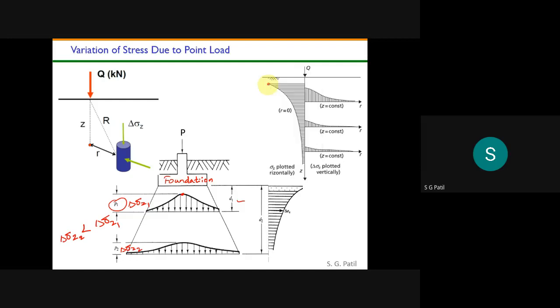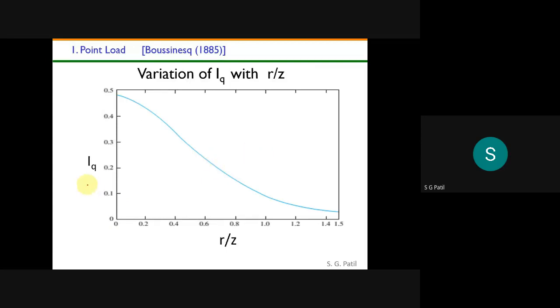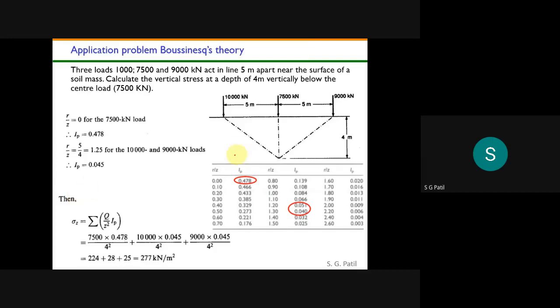So for the Boussinesq table, either they can give a table or even a graph. This is the graph: the x-axis is r by z, and the y-axis is the influence factor. This problem we have seen in our previous class.